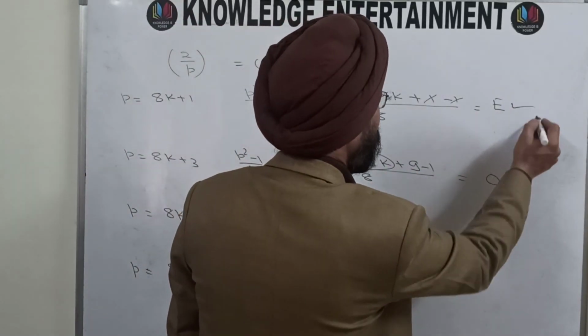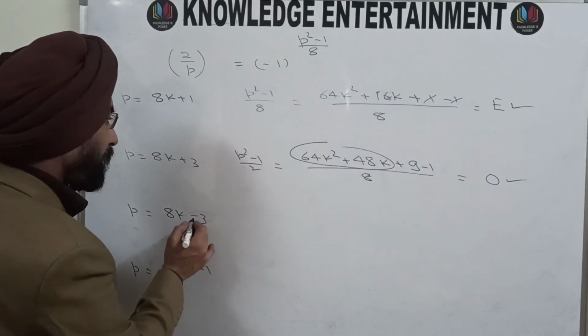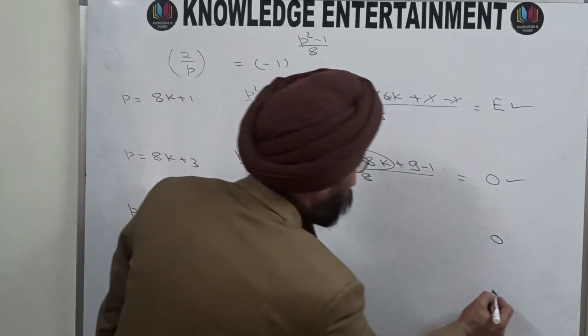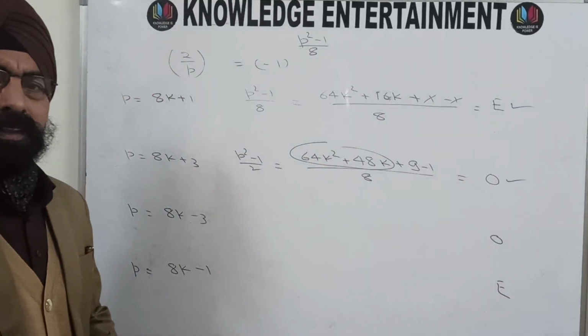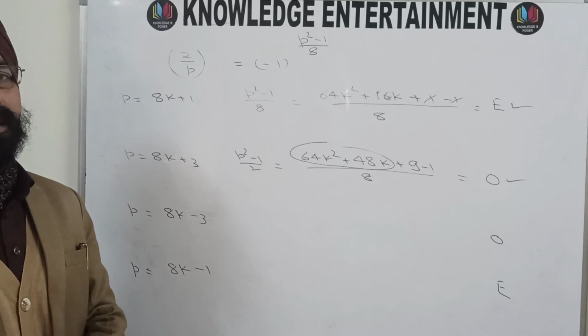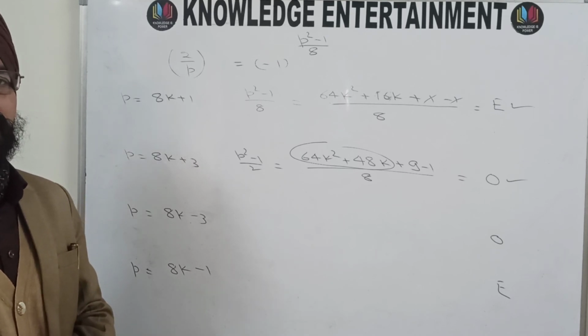So this is even, this is odd. Similarly, in this case, you will once again get odd, and in this case, you will get even. And even means the Legendre symbol is 1. The odd means the Legendre symbol is minus 1.